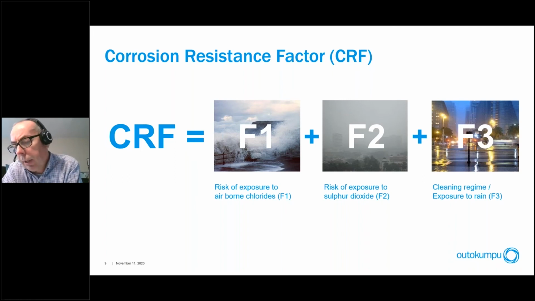And finally, you just have to know, is the structure going to be exposed to rainwashing, which would be a beneficial effect. So you add all these factors together, and all of the factors in this process are negative numbers. So you end up with a corrosion resistance factor that is a negative number and becomes progressively more negative for more corrosive environments.